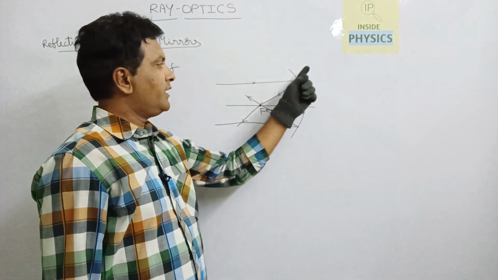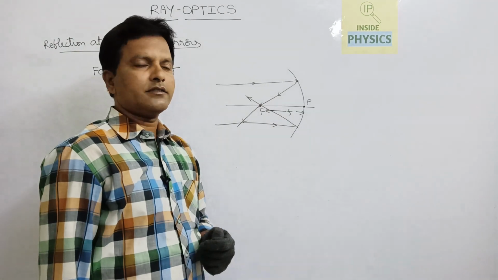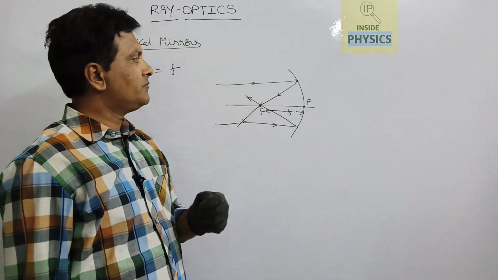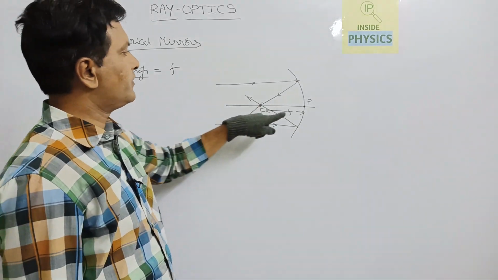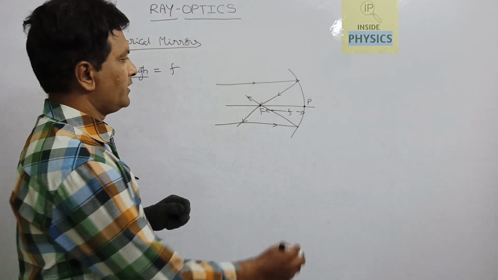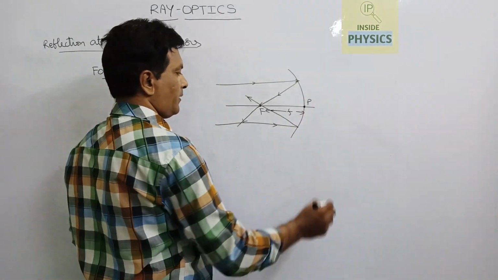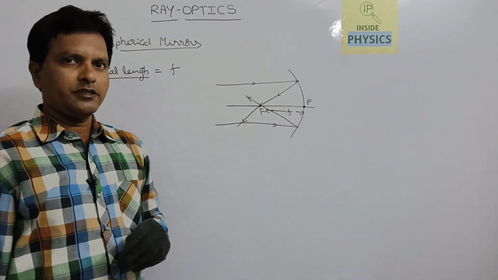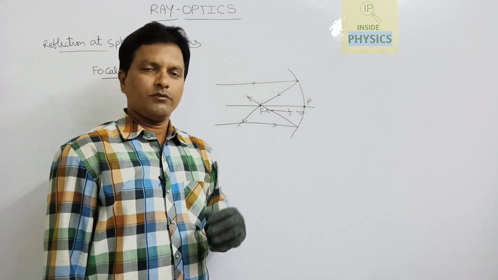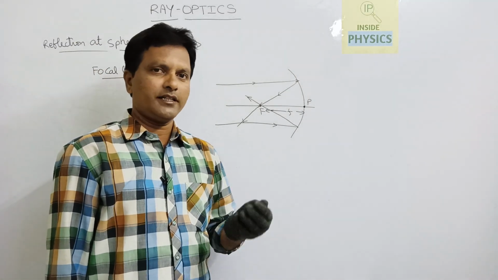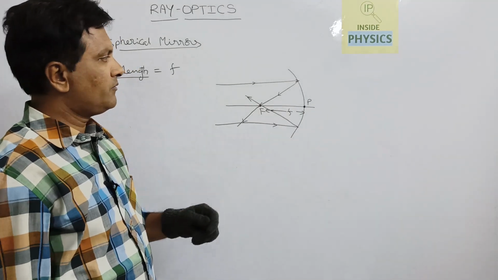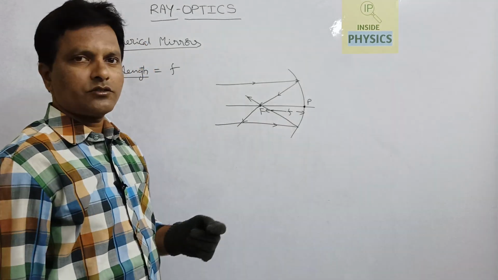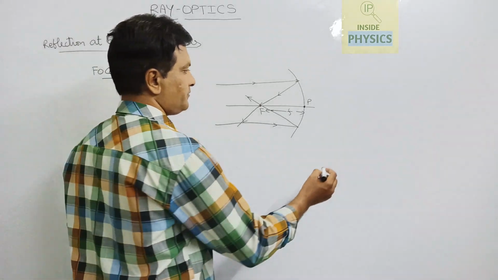See, in case of spherical mirrors, the line starting from the center of curvature to this point, this point is called the pole. Okay, and if it is a spherical lens, we will see what a lens is in the next classes. Here the point of a spherical lens is called the optical center.